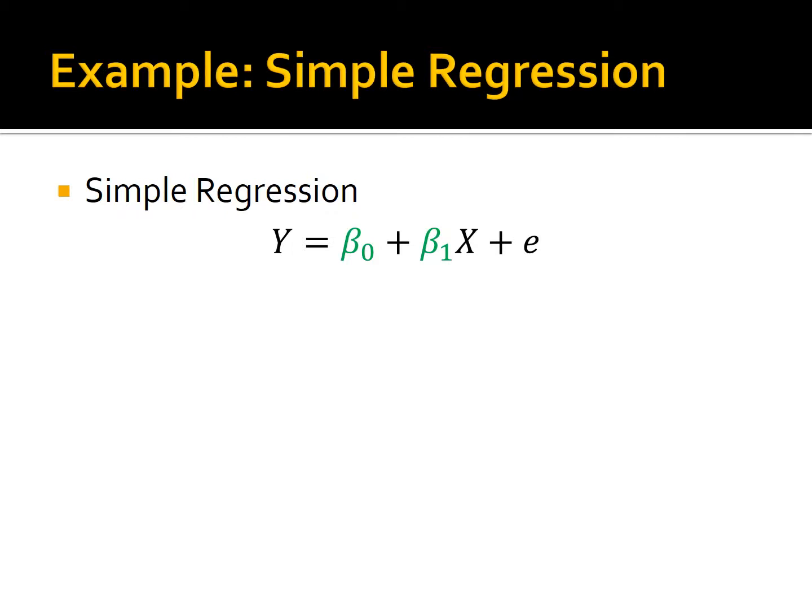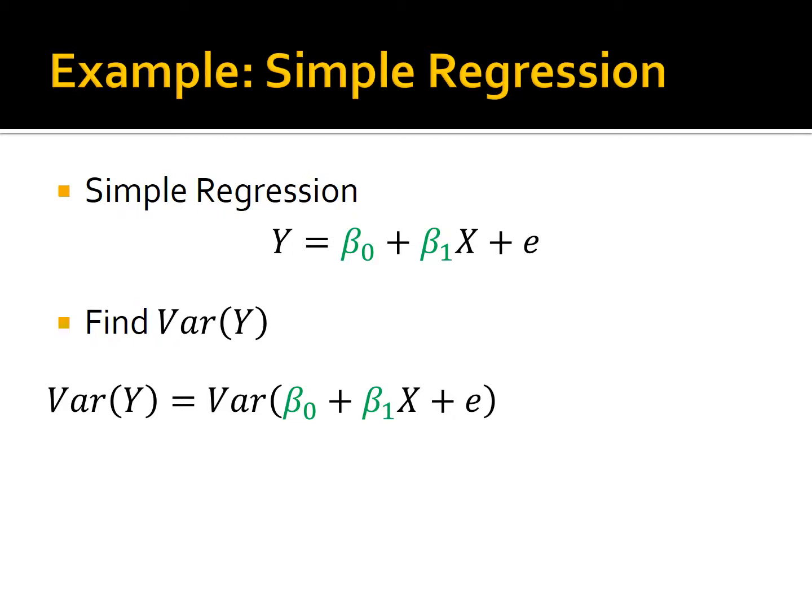This is the equation: y equals beta 0, which is the intercept, plus beta 1 times x. Beta 1 is the slope, and e is the error term.